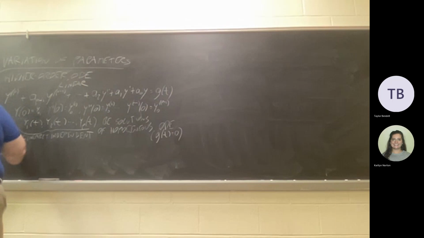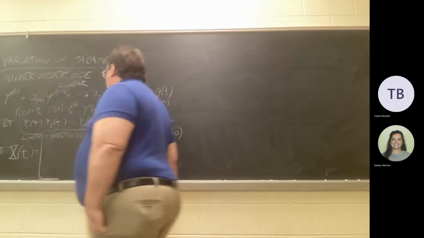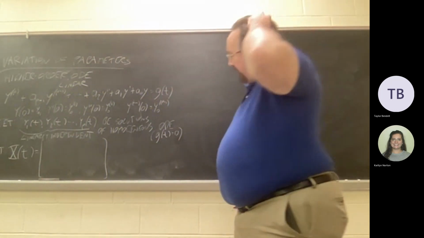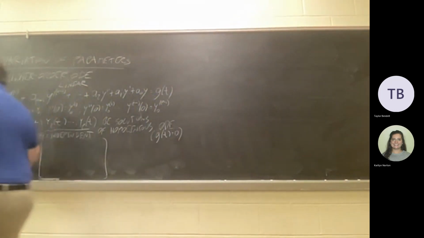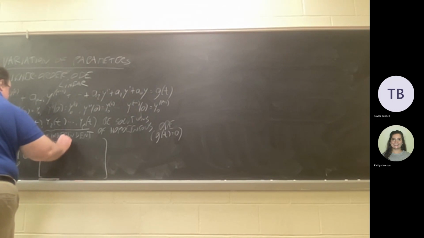Now define this matrix. Fancy X of t will just be a p by p matrix consisting of, first row, those solutions.